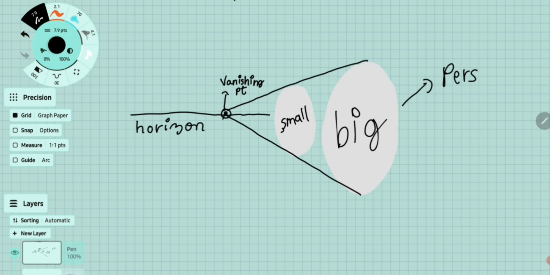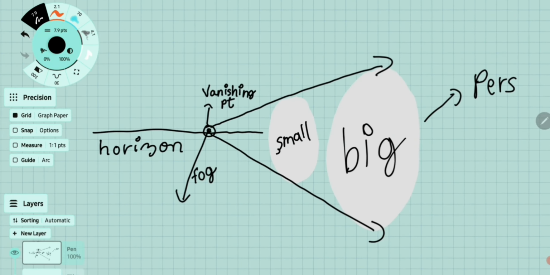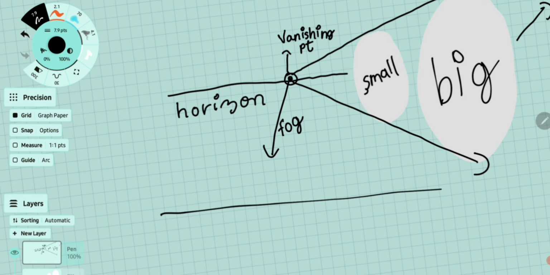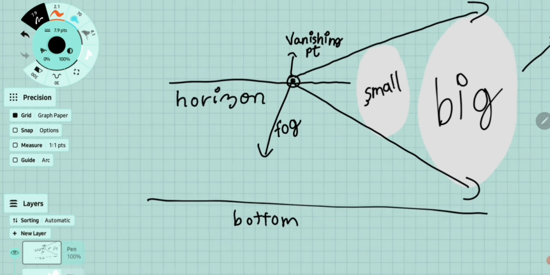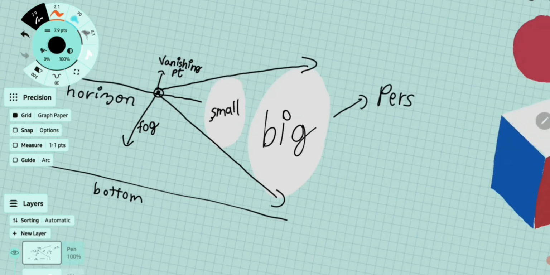It could be brought closer or farther away by fog and other elements, but it's mostly drawn taking the perspective point as the center, and a line is drawn parallel to the bottom of the paper. This is how perspective works.